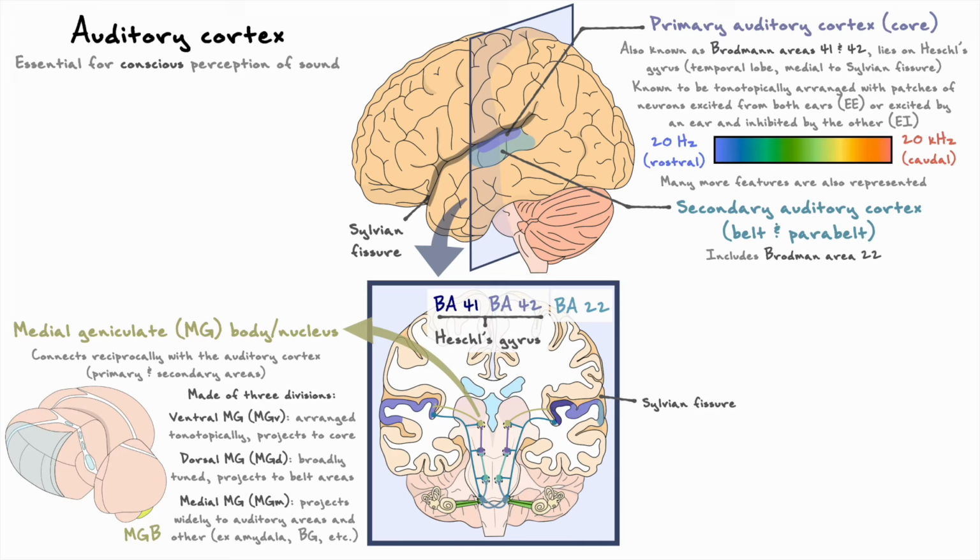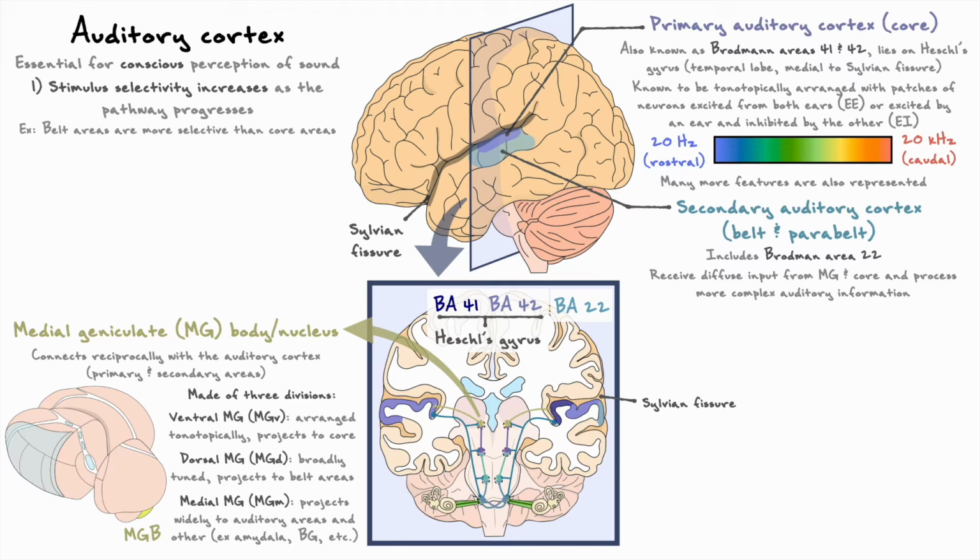In comparison to the core, which again is the primary auditory cortex, the belt and parabelt areas receive diffuse inputs from the thalamus and the core regions, and as such, they process more complex information. This nuance between the core, belt, and parabelt regions underlies an important point about the auditory system that we've been seeing throughout our conversation, which is that stimulus selectivity increases as the pathway progresses.